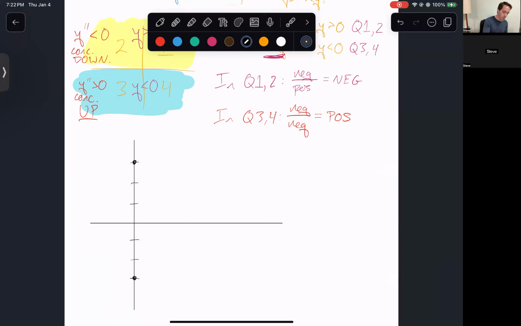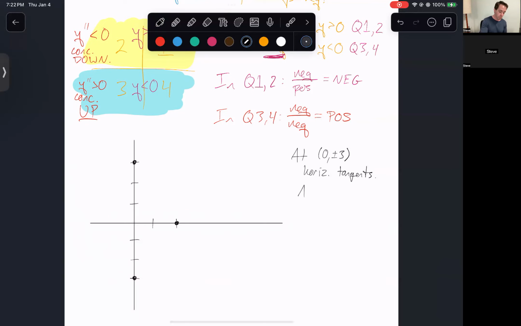Recall from earlier that at 0, comma, plus or minus 3, we had horizontal tangent lines. And then at plus or minus 2, comma, 0, we had vertical tangent lines.